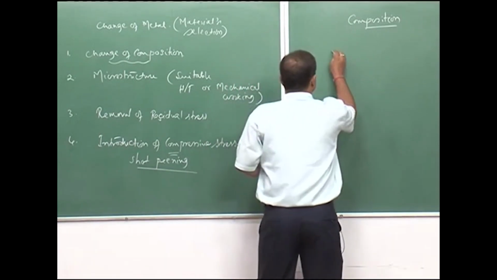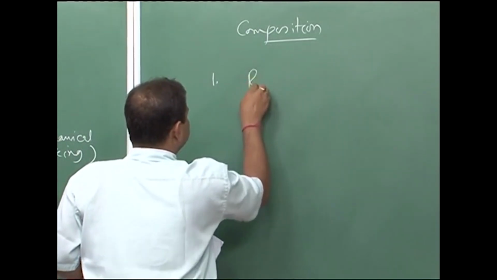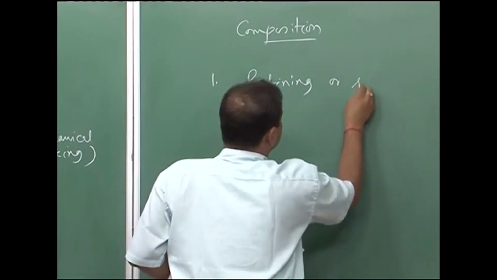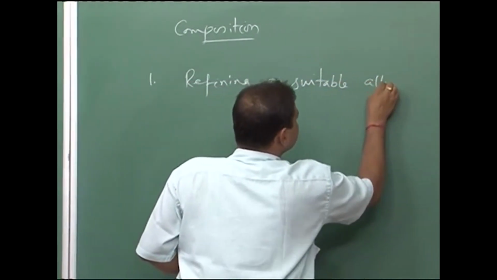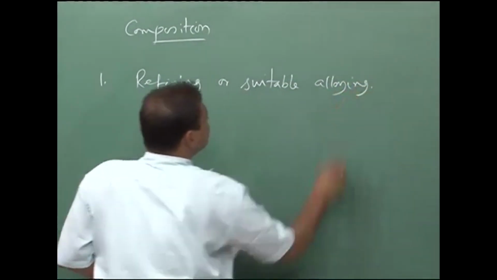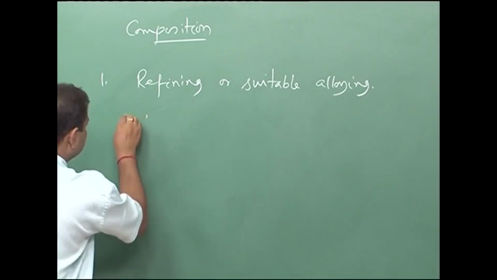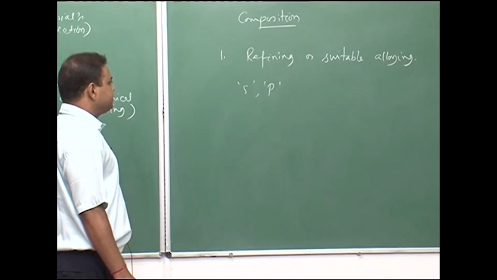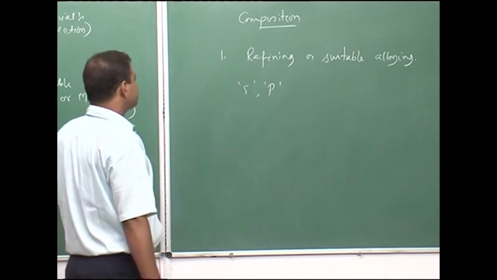Either by refining or suitable alloying. Now, for example, if we remove sulfur and phosphorus from steel, we can reduce the corrosion tendency of that steel, or we can improve the corrosion resistance of steel.